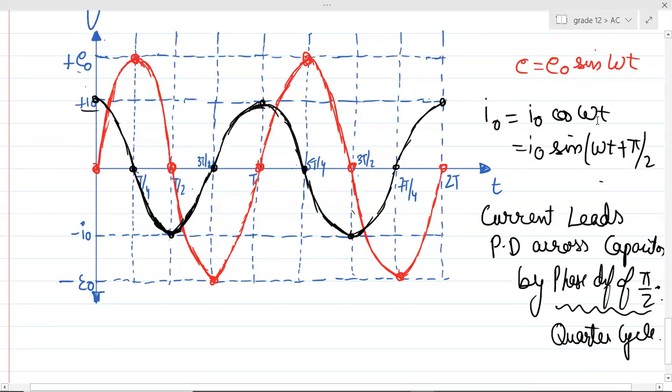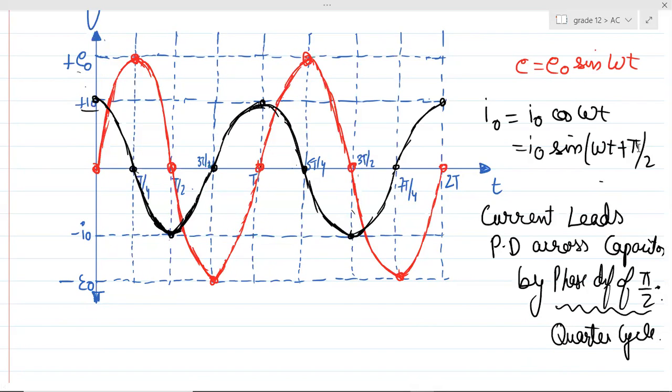Is the omega same for both of them? Yes, sir. So if the omega is the same for both of them, that implies current and EMF are both running at the same speed. But can you see current had a head start of how much? Of pi by 2. Current had a head start of pi by 2, due to which it reached its maximum value earlier as compared to EMF.